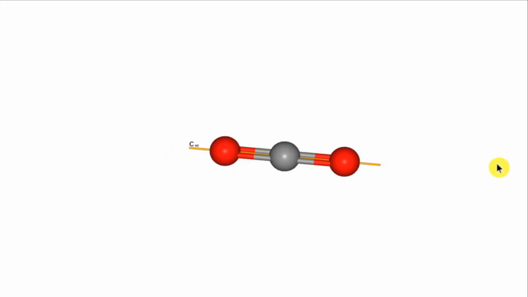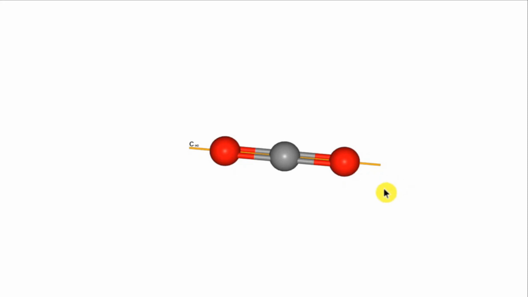So the axis along this line is usually represented by C infinity, where the order is infinity. The order is infinity because there are an infinite number of indistinguishable configurations possible along this axis. If I rotate it through 1 degree or 2 degrees or 5 degrees or a fractional degree, every rotation is a symmetry operation. So carbon dioxide possesses a C infinity axis.